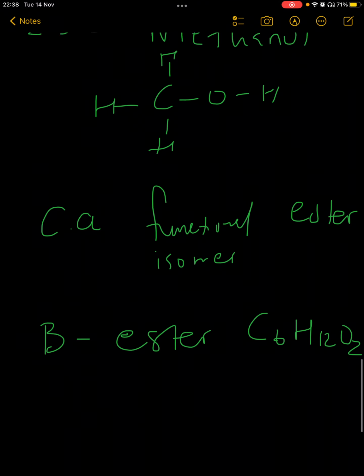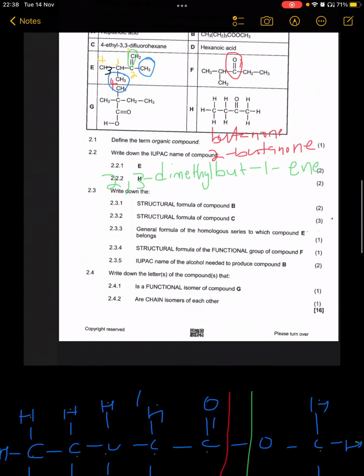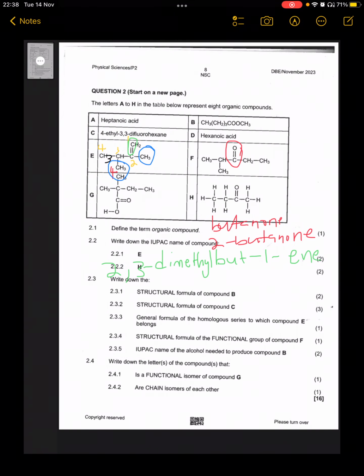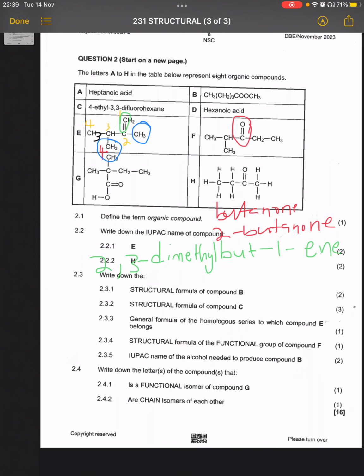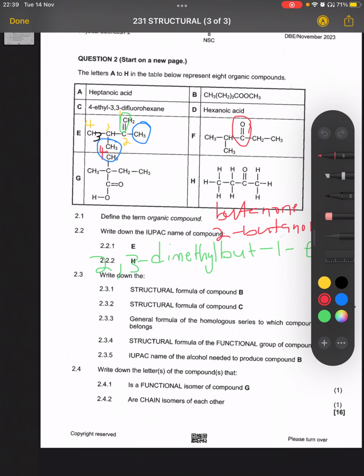And you can go and count it. Number of carbons, number of hydrogens. It's carbon 1, 2, 3, 4, 5, 6, and hydrogens 12, and oxygens 2.